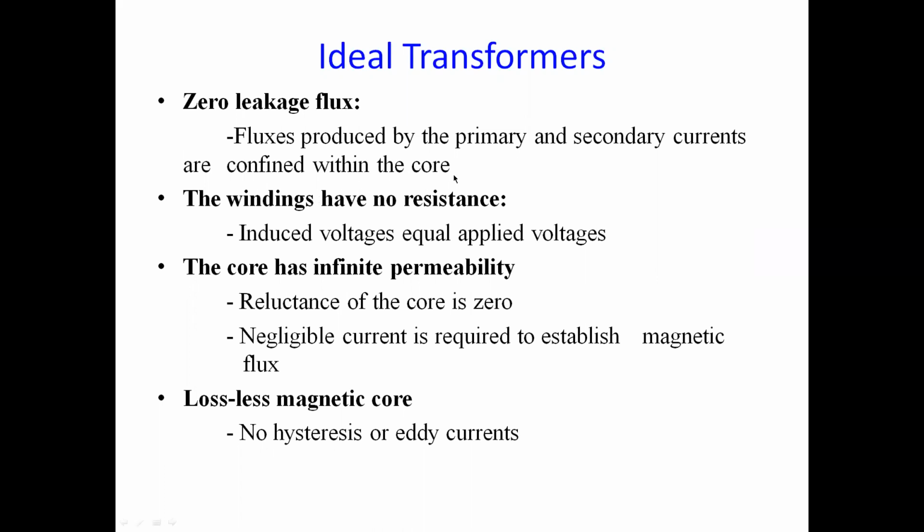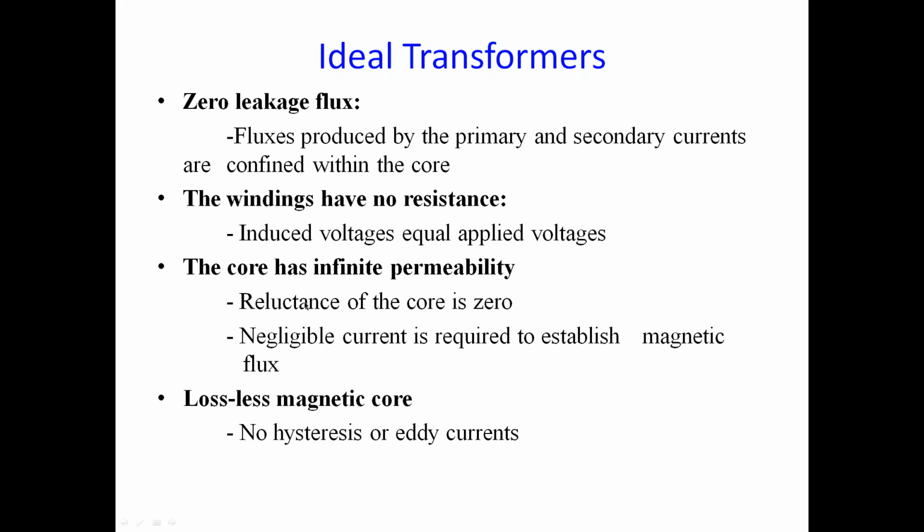So by two methods, overlapped and multi-stepped core we are using, so that we reduce the air gap and leakage flux is reduced. Now the winding also has no resistance. Infinite permeability core, yeah, this is another way to reduce the core leakage flux.